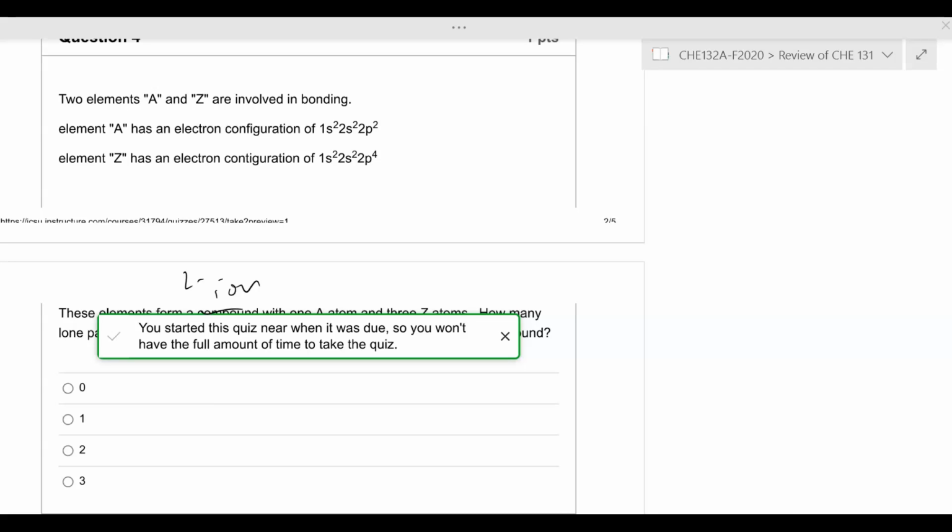I didn't realize we had that message in the way there, so we'll make sure I'm getting the question right. Okay, yeah, that should be a 2 minus ion with 1A and 3Z.